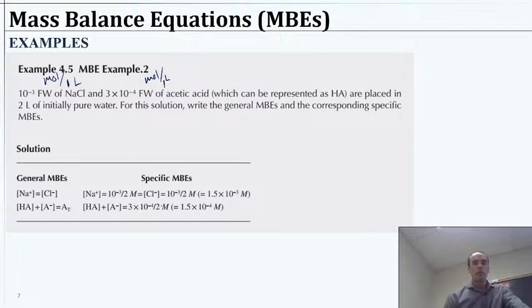So those are just going to be 10 to the minus 3 divided by 2. And for the A total, the combination of HA and A minus, that's going to be the 3 times 10 to the minus 4 divided by 2. Okay. All right. Make sense? Okay.